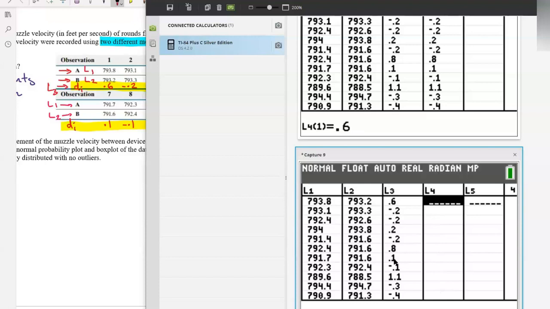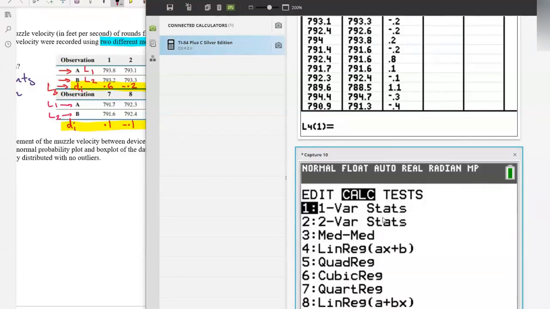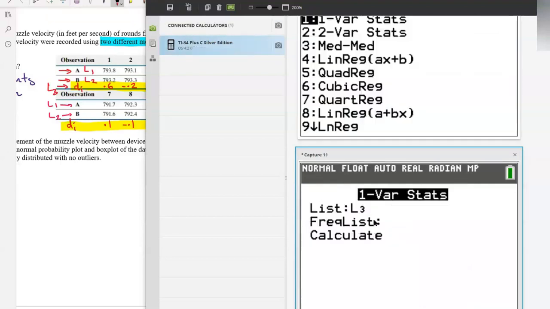Now, again, use stat, and we have to find the mean and standard deviation. So stat, calc, and then choosing the first one, 1-Var Stats, enter. Here we have L3 because the column we're working on is L1 minus L2, which was L3.